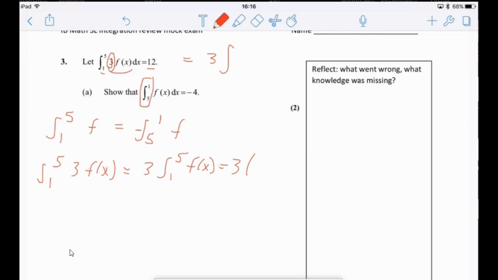So I could take the negative integral if I put 5, 1. And I'm leaving out the dx's here, but actually there's dx after each step here. And then, so that's equal to negative 3 times the integral from 5 to 1 of f of x dx.